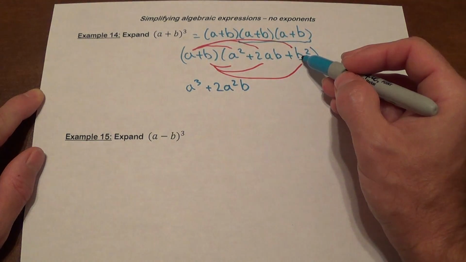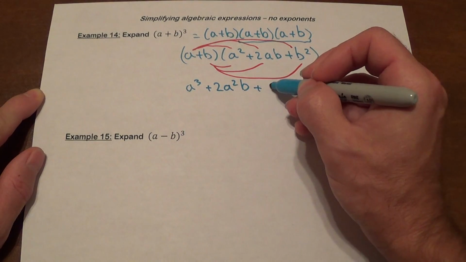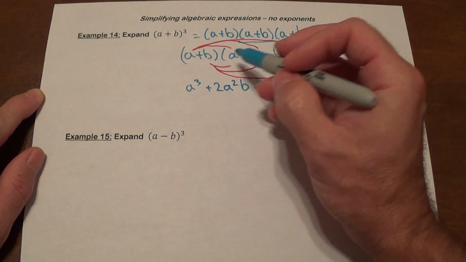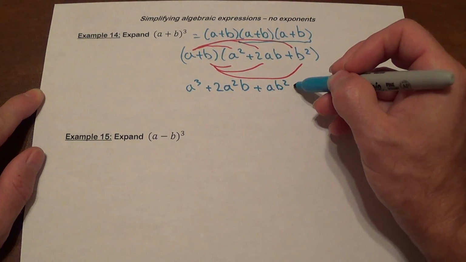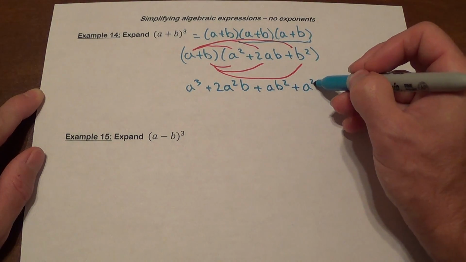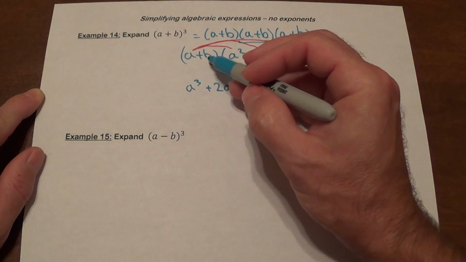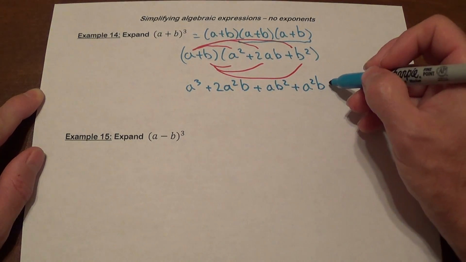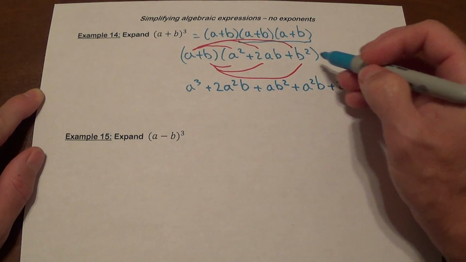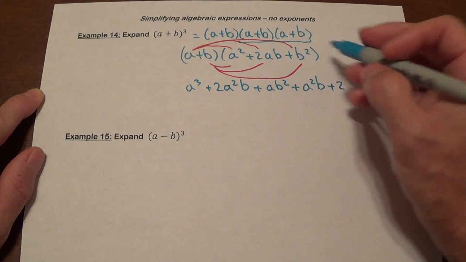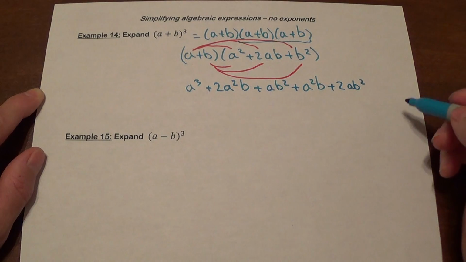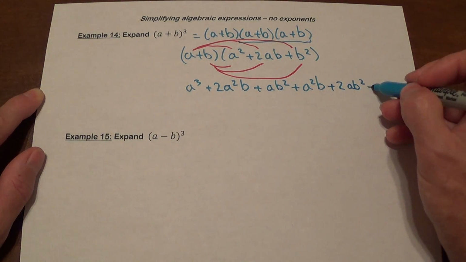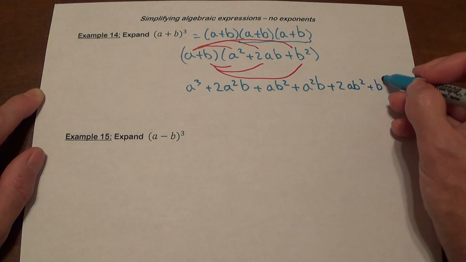A times b squared is going to give you plus ab squared. B times a squared is going to give you ba squared, and I can also rewrite that as a squared b. B times 2ab is going to give us plus 2ab squared. B times b squared is going to give us plus b cubed.